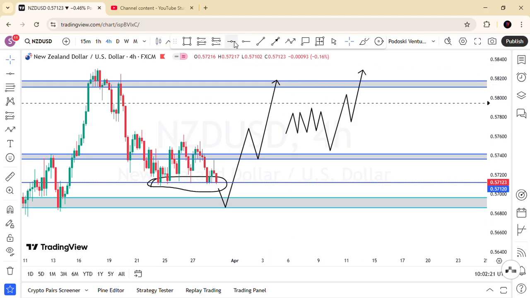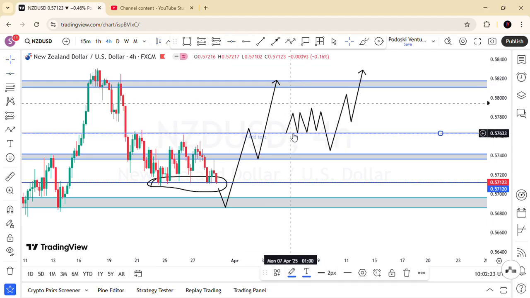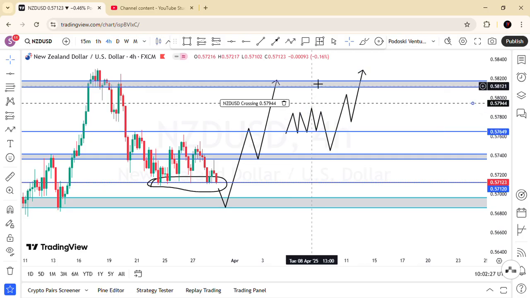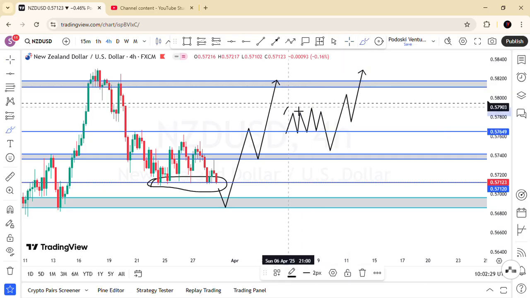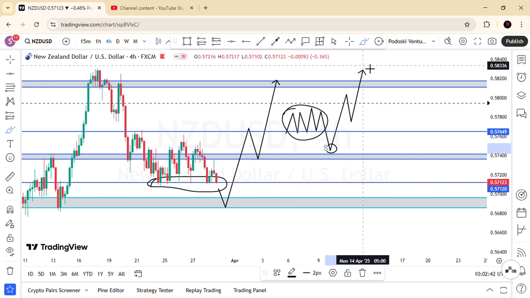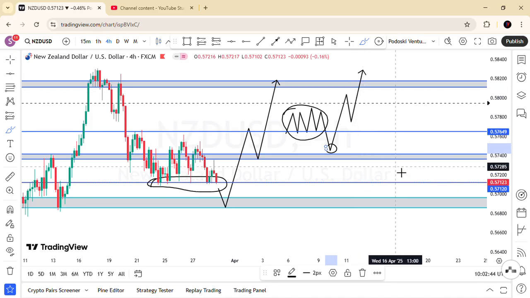This is where price is currently at, over here, and this was the ranging zone that I marked. Price will drop and tap into the daily zone, then boom, it goes up. It will just go up and break this zone and start creating new higher highs and higher lows, just like that.